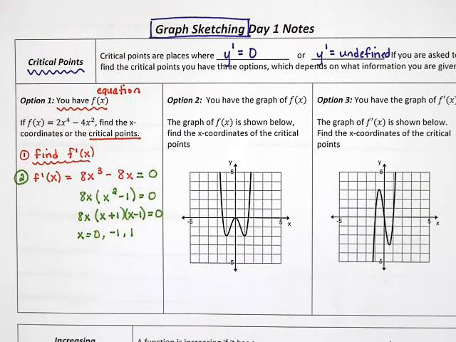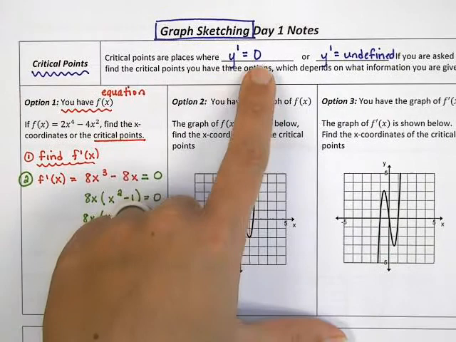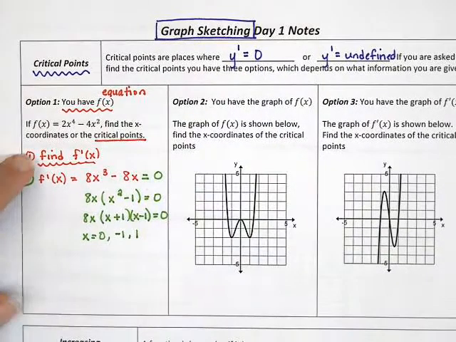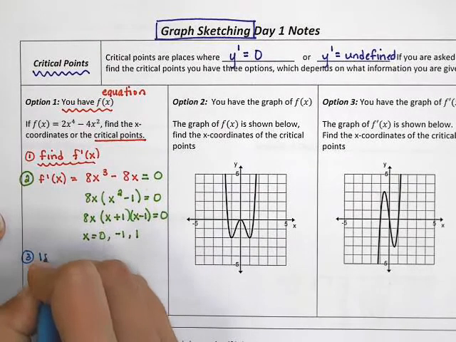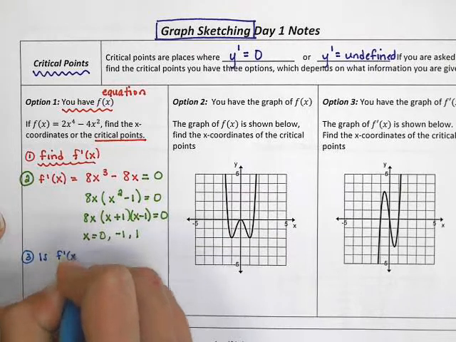So those would be the places, the x coordinates, where the derivative would equal 0, which we found by taking the derivative and making it equal to 0. The third step, though, would be to look for where f prime of x is undefined.